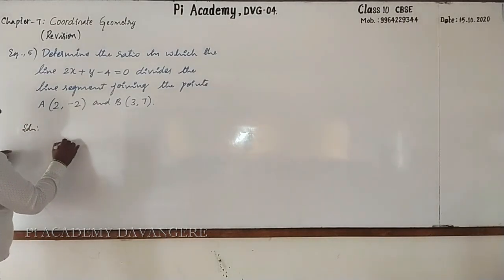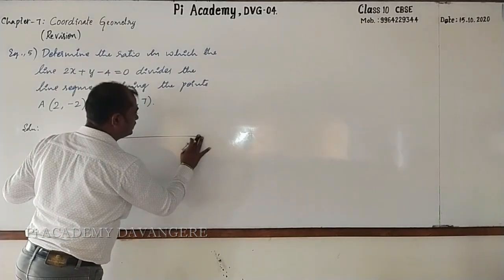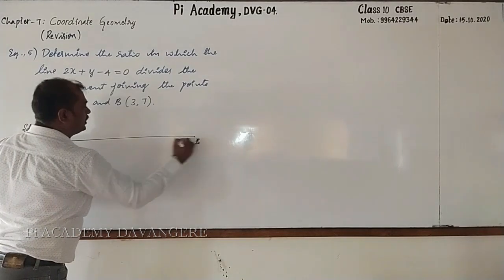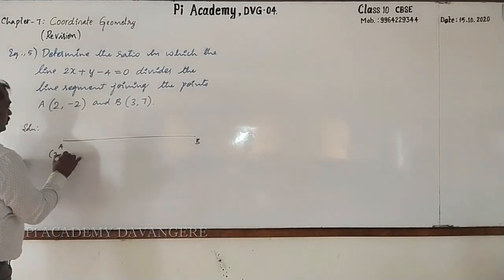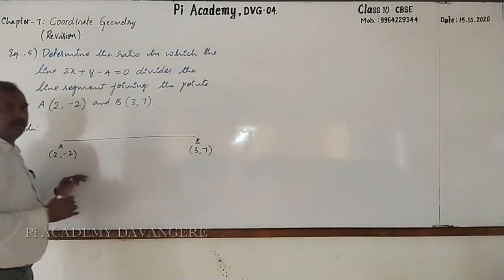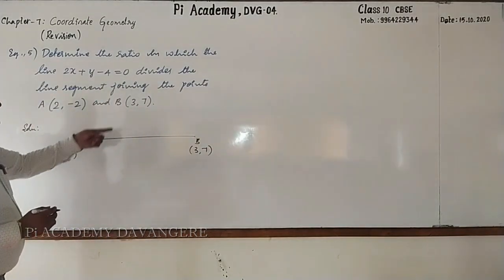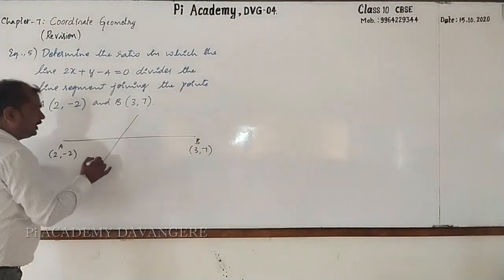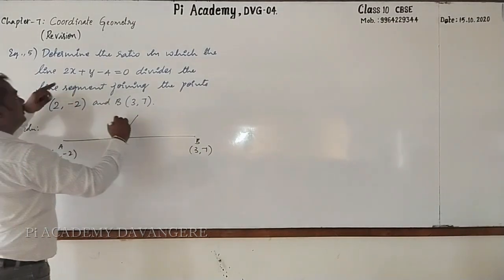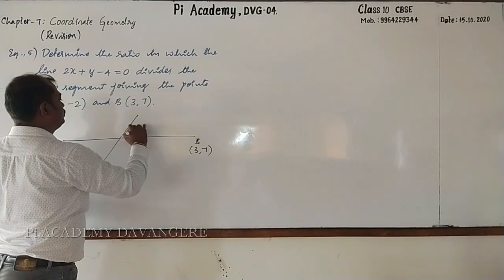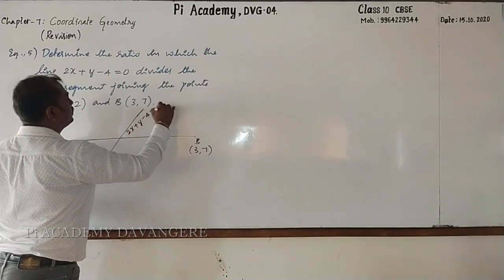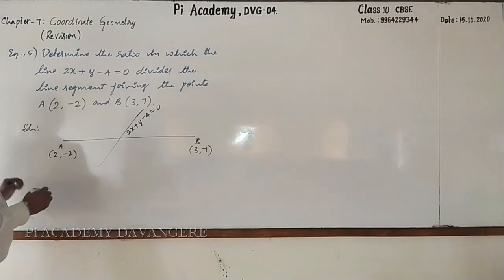There is a line segment AB, A is (2, -2), B is (3, 7), and this line segment is divided by another line, the line of the equation 2x + y - 4 = 0.